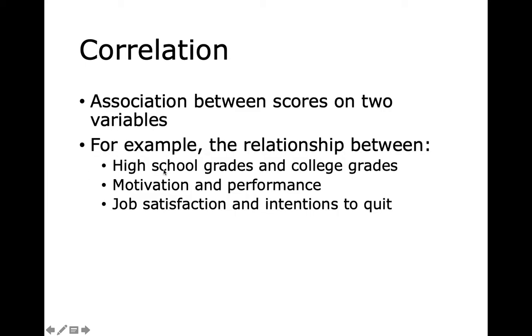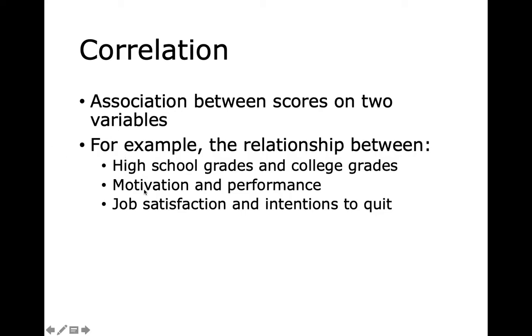In the first two examples, we would have correlations that we would probably predict would be positive. That is, the higher the grades you get in high school, the higher the college grades you should get. And similarly, the lower the grades that you got in high school, probably the lower college grades that you'll get. Same thing, employees that are motivated ought to be better performers, and those that are less motivated ought to be less good at their job.